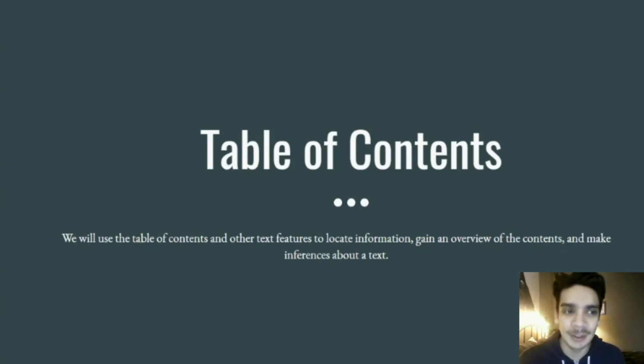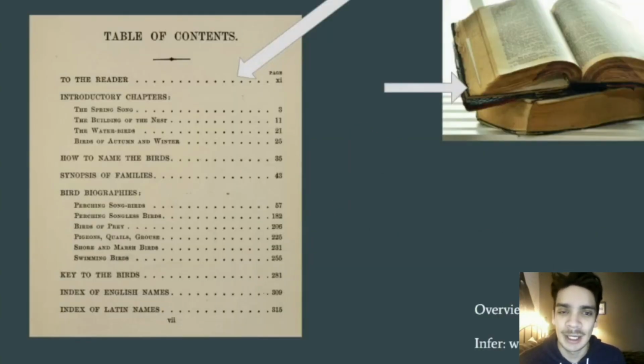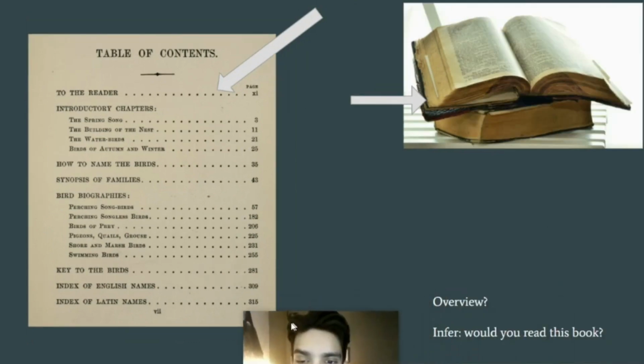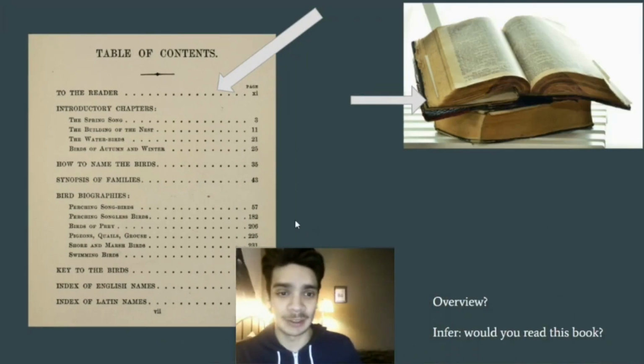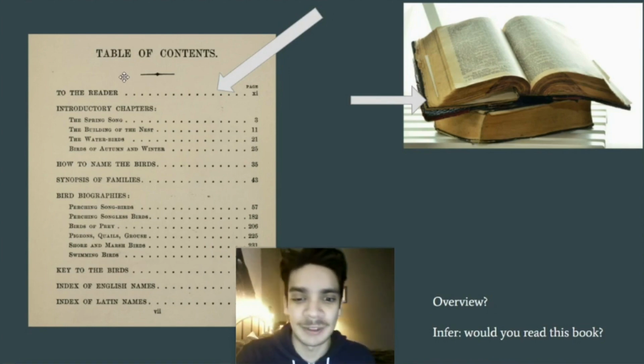So let's get started. That book that my brother was looking at earlier looks like this. And the table of contents is found right here in the beginning. So let's take a look. Table of contents over here to the left. These long dots are going to connect what the subject matter is to where we can find it.